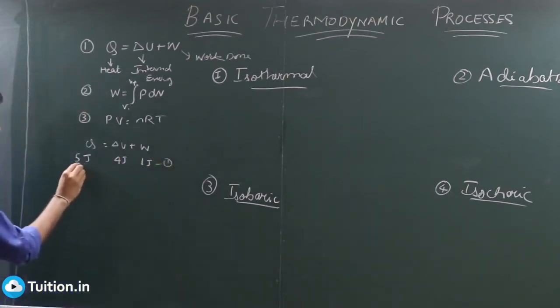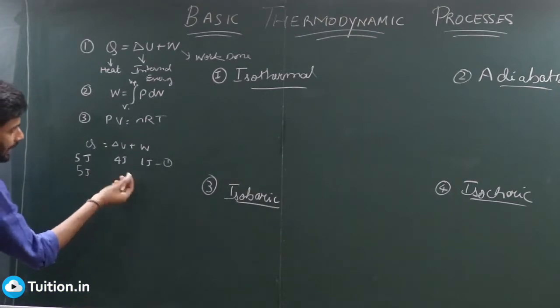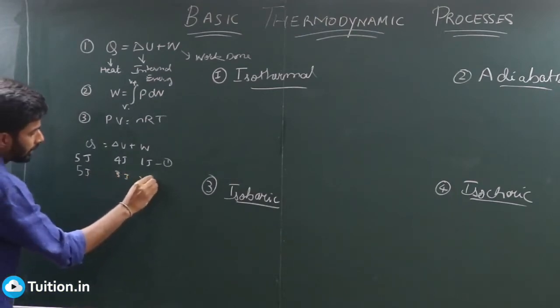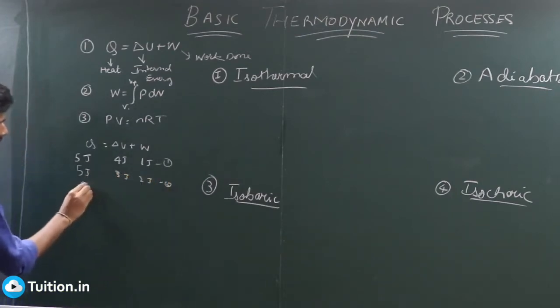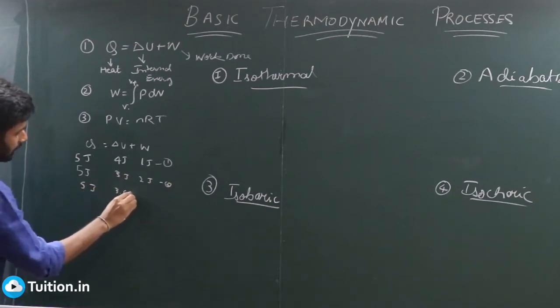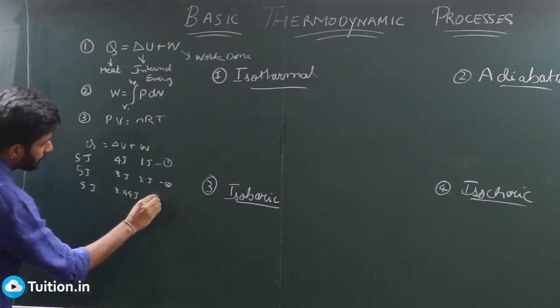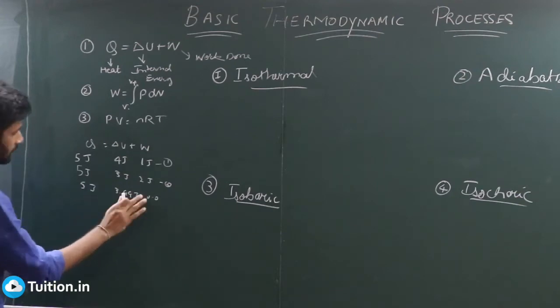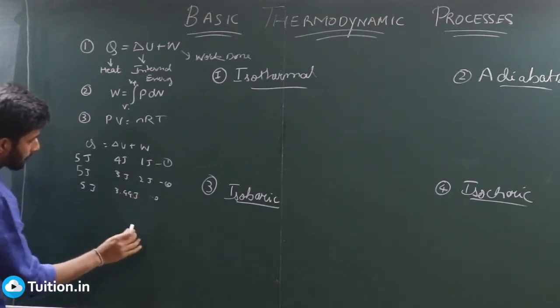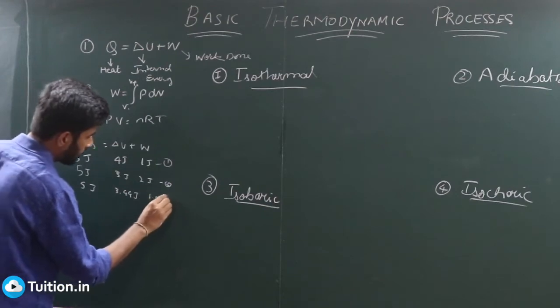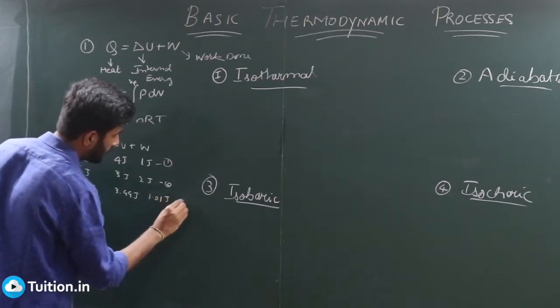If the same 5 joules is utilized as 3 joules and 2 joules, that's another process. 3.99 joules and 1.01 joules, that's another process.